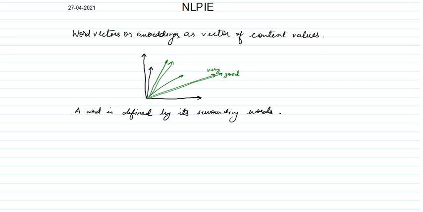Right? So in order to generate these vectors, we are required to calculate a co-occurrence matrix.